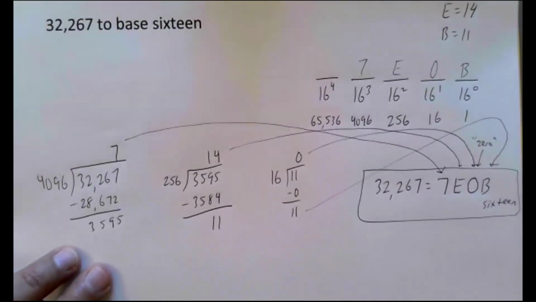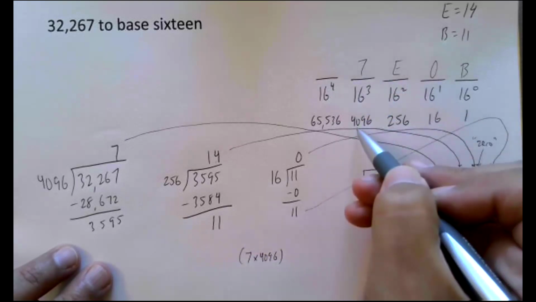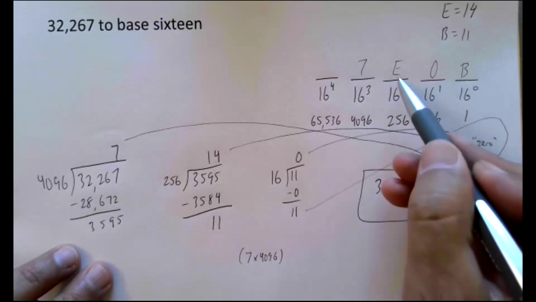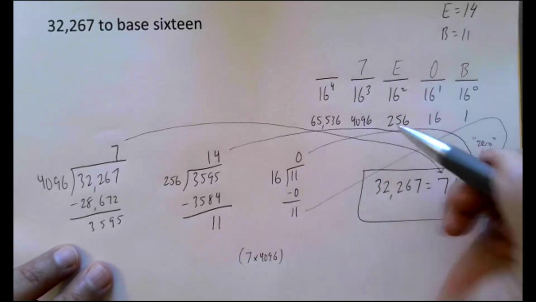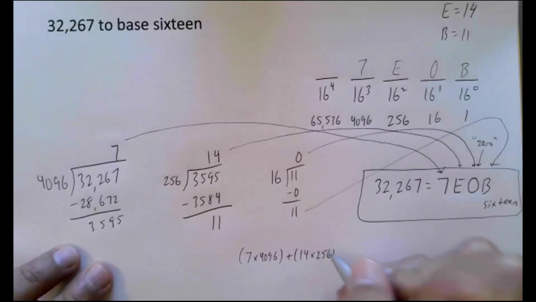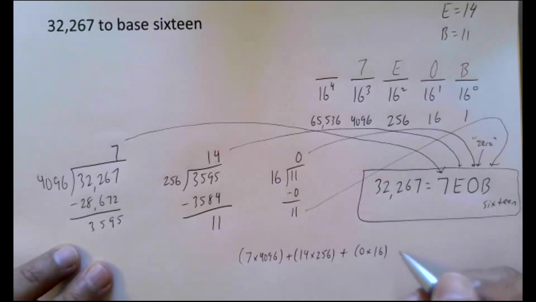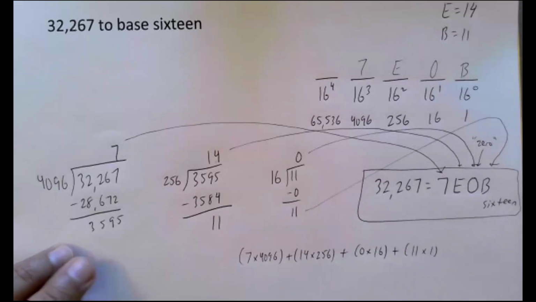You don't have to do this last thing that I've been doing, but what we mean when we write this is that 32,267 equals 7 sets of 4,096 plus 14 sets of 256 plus 0 sets of 16 plus 11 sets of 1. That's what we're saying when we write this right here.